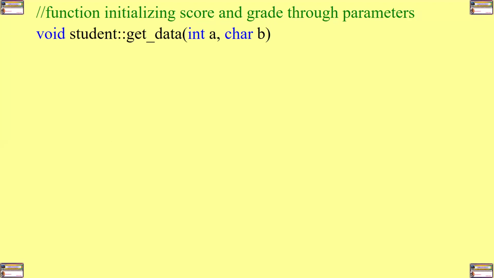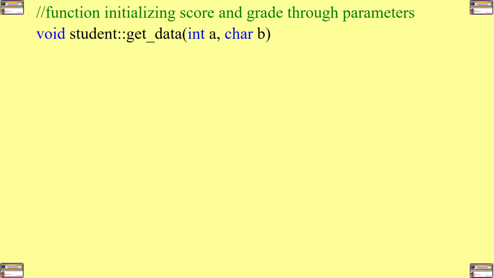The name of this function is getData. This getData function is a member of the class called student. That's why we have the scope resolution operator after the name student. This function is not expected to return any value. That's the meaning of the word void. So it is not expected to return any value to the caller, but it is expected to receive two parameters.